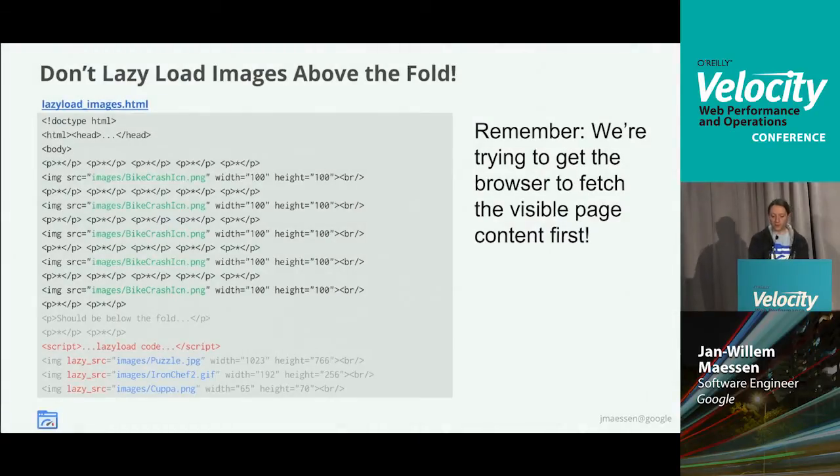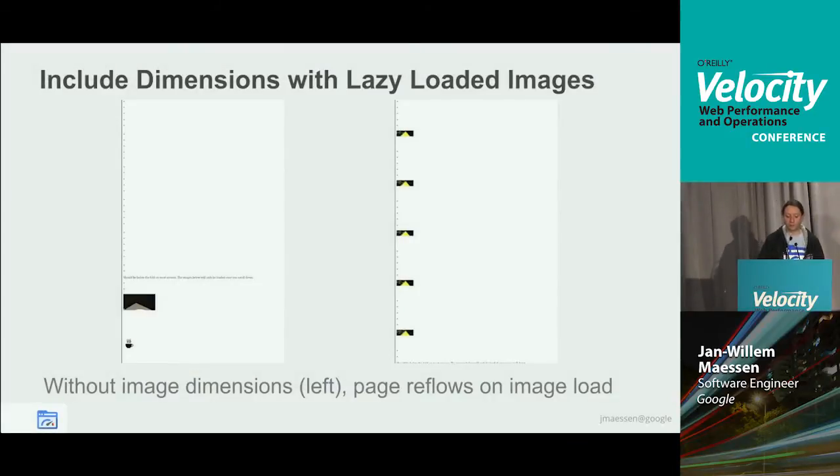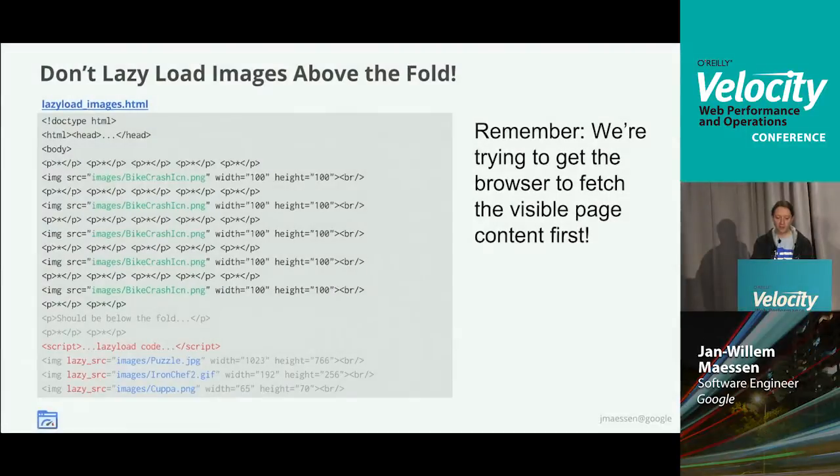So the other thing to notice is, well, if what we care about is performance of the first render of the page, of the above-the-fold content of the page, maybe we just shouldn't be lazy loading the image above the fold at all, right? We should use lazy loading, but we should just use it for the images that are going to be off screen when the user first arrives on our page. Because remember, we're trying to get the browser to fetch the visible page content first.